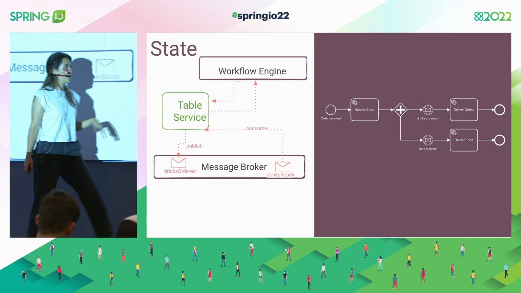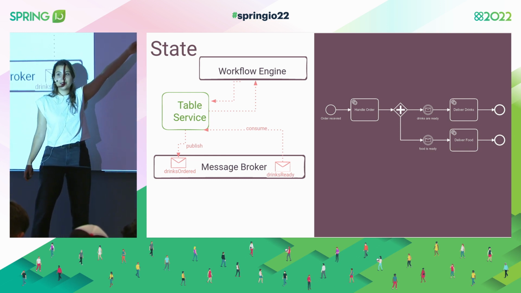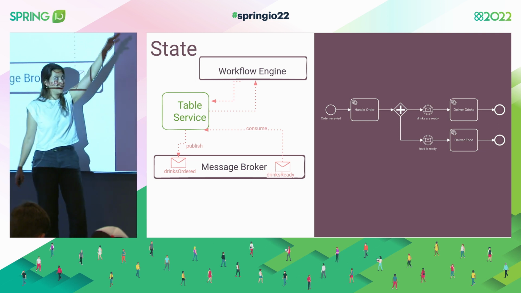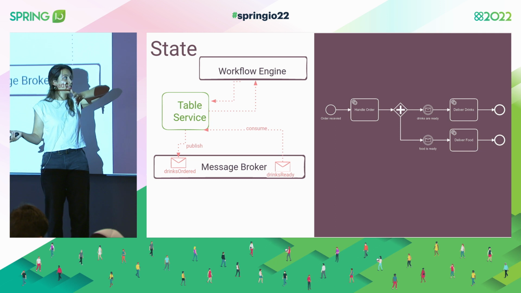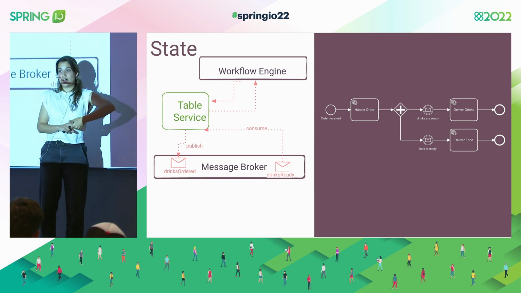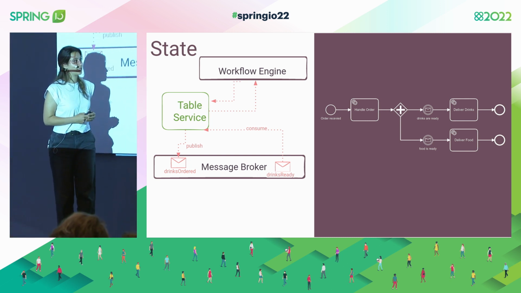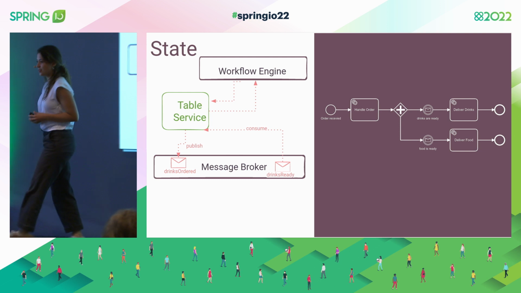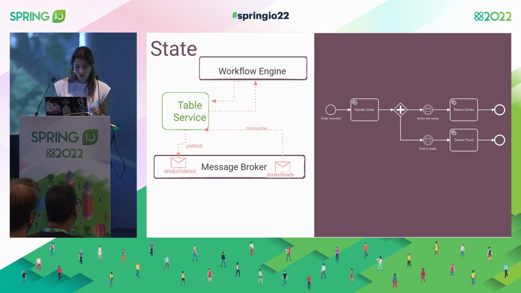We can see maybe that the message drinks was not delivered, that something is waiting here, so we know maybe we have to look at the bar service because it has not produced this message. That gives us a good way of debugging the system and finding the problem if a customer reaches out to us. And I think it's time to see how that looks in code.